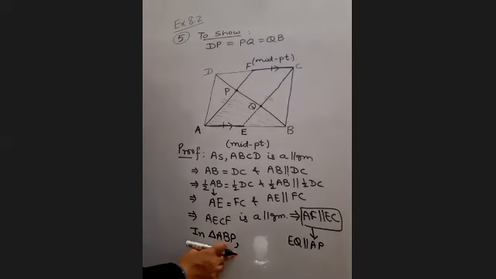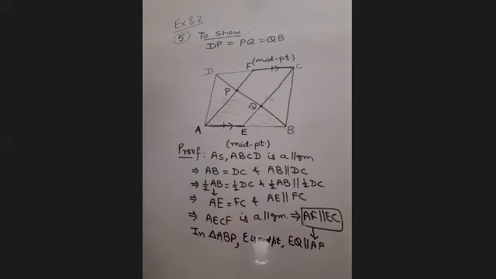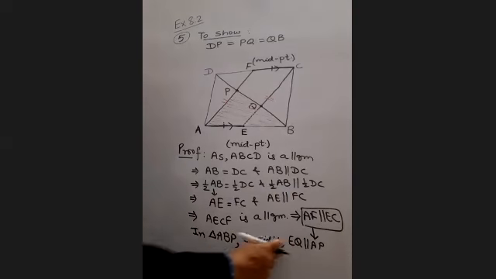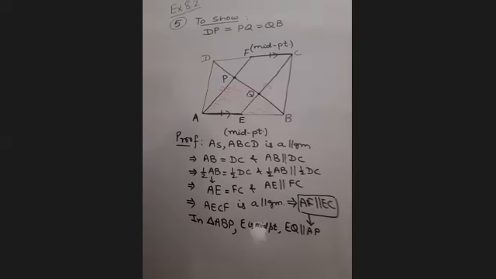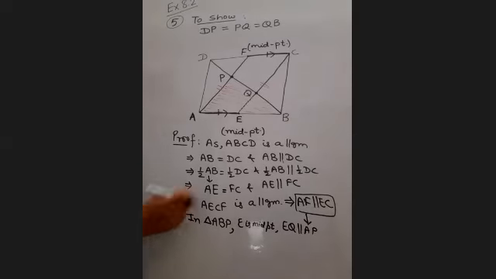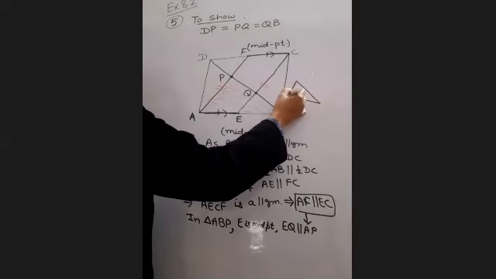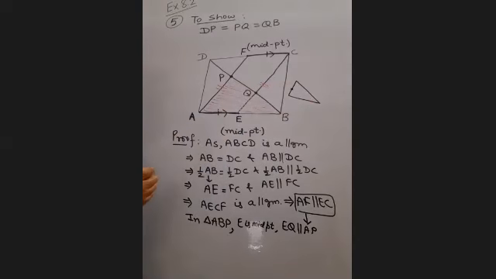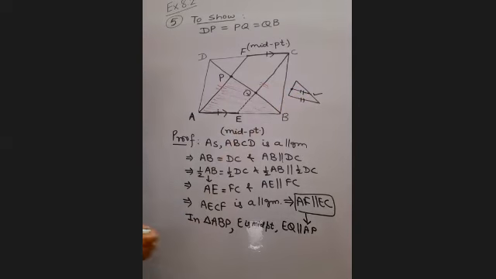Now in triangle ABP, E is the midpoint and EQ is parallel to AP because AF is parallel to EC. So can we apply the converse of the midpoint theorem? What does the converse of the midpoint theorem say? That in a triangle, if a line is drawn through the midpoint of one side parallel to the third side, then it bisects the other side; this is also a midpoint.